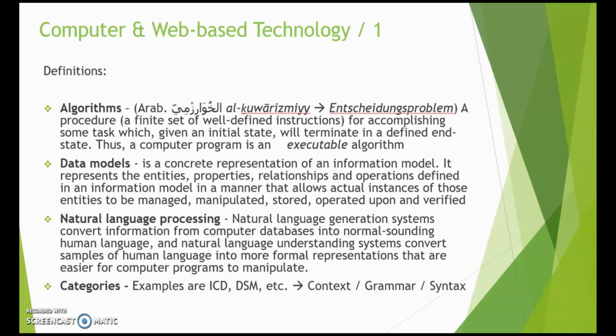I mentioned here some categories, especially when we think clinically: the ICD, international, and the DSM, specifically for the United States and for psychiatry. But for the most part, we think of a computer that is able to utilize context, grammar, and syntax in a similar way, at least from a computational standpoint, as a human brain, so that we learn how to put things in categories, for instance subject, verb, preposition, and so on.